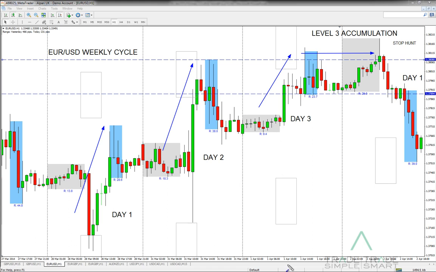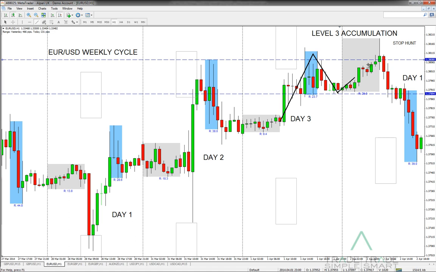Now, as stated before, in the behavior and characteristic of a typical level 3 accumulation zone, you're generally going to see price action take the form of an M or a W. And we can see this in the price action during this accumulation zone.